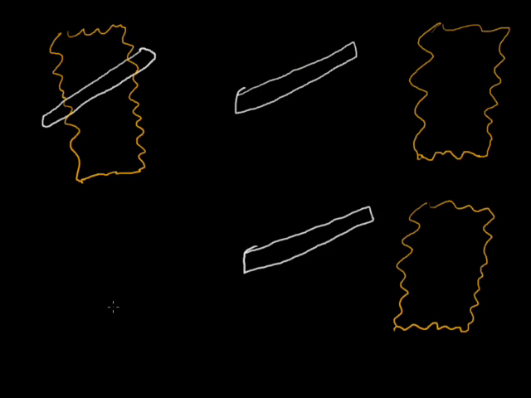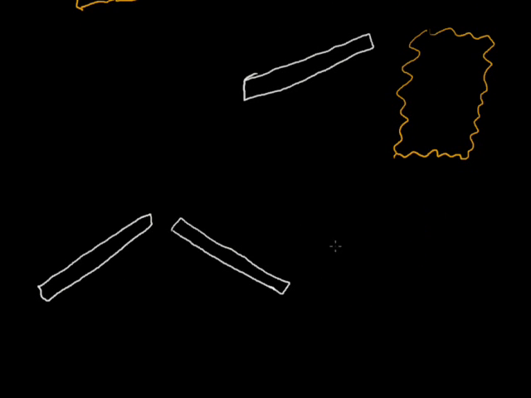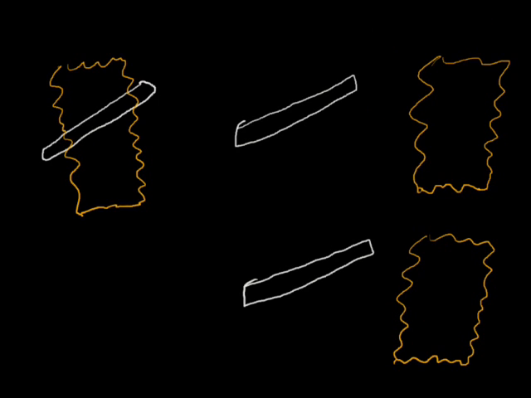Now, if we have a glass rod and a silk cloth, and we rub them with each other, what we see is that the silk cloth as well as the glass rod both acquire a special property of attracting small bits of paper and small feathers.